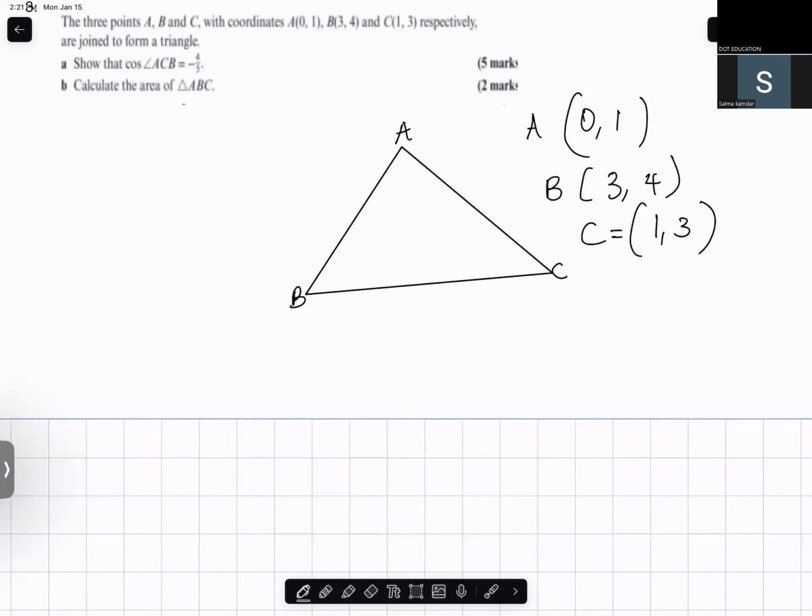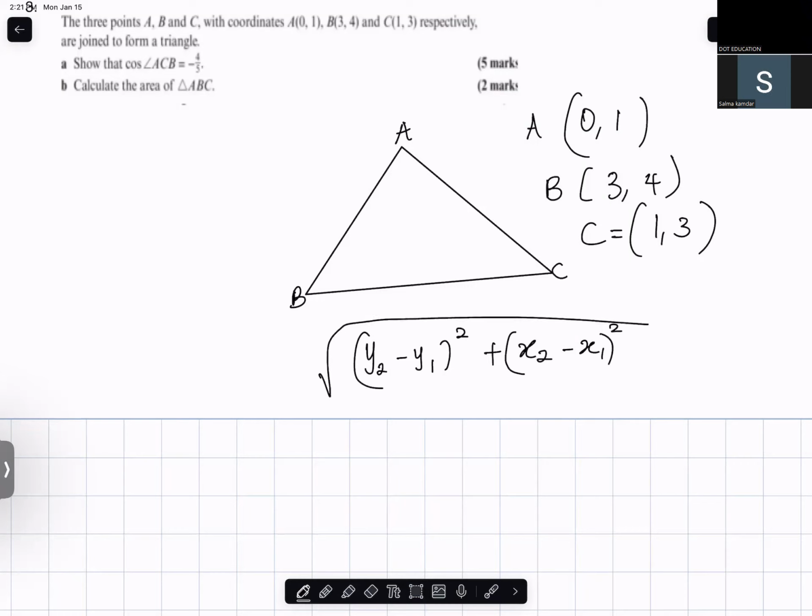Our distance formula says y2 minus y1 squared plus x2 minus x1 squared, all in roots. So for AB, this is x1 and this is y1 for A. This is for our B, we have x and y. Also for our C, this is x and y.